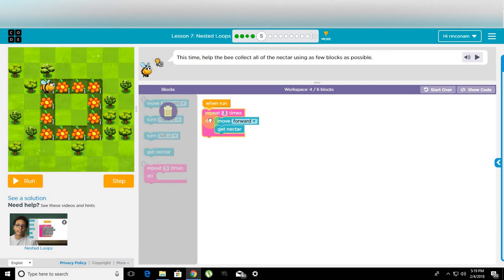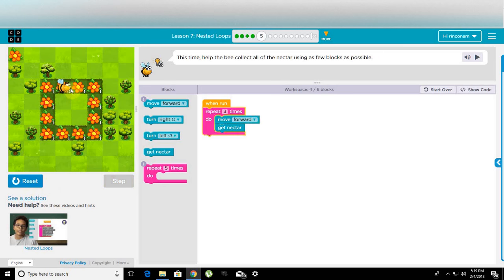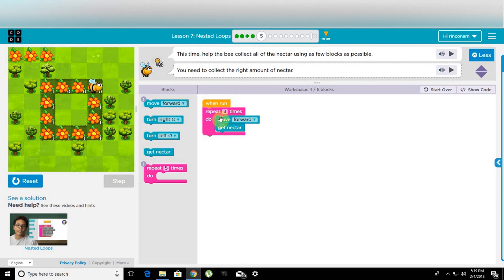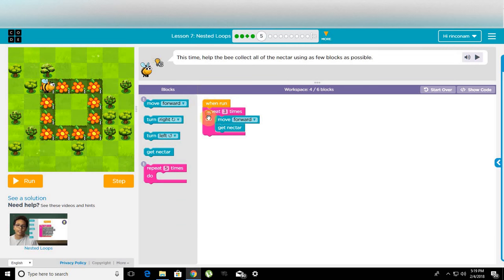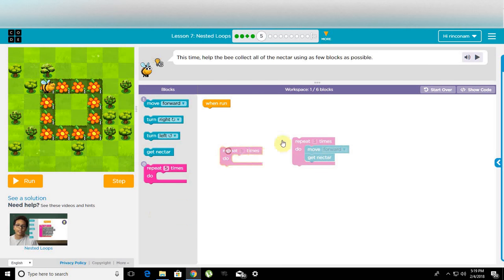Now just to make sure I got that right, I'm going to run it. I know that it's not going to be correct, but I just wanted to make sure that the code I put together does what I want it to do. So now, if I know that this set of code is my most important, I know that somehow this is going to have to go inside another loop and be repeated a number of times.